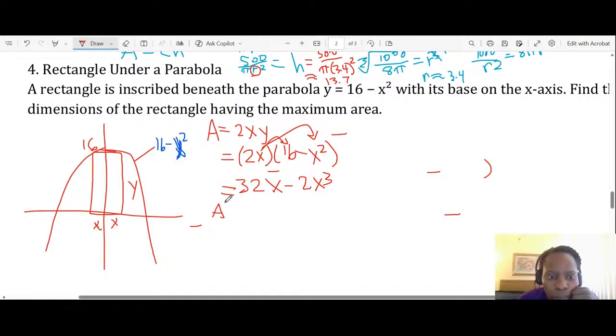A prime is equal to 32 minus 6x squared. And we set that equal to 0 and solve for x.